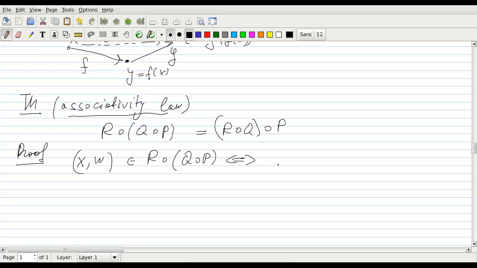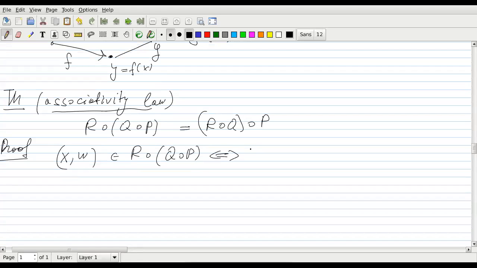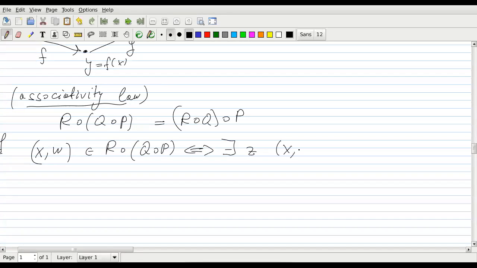That means that there is a two arrow path with some change point called Z, so that X, Z belongs to P composition Q, and Z, W belongs to R. Is it clear?